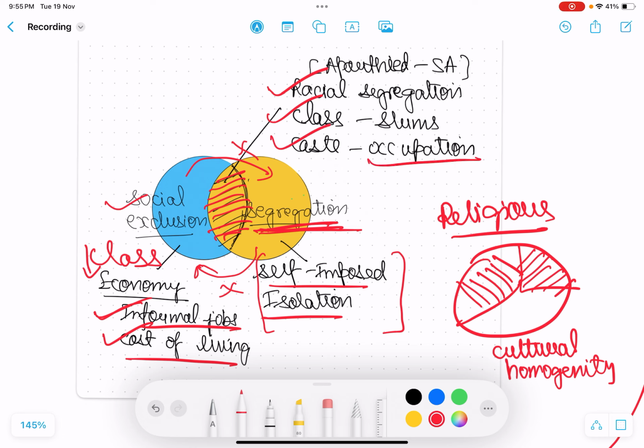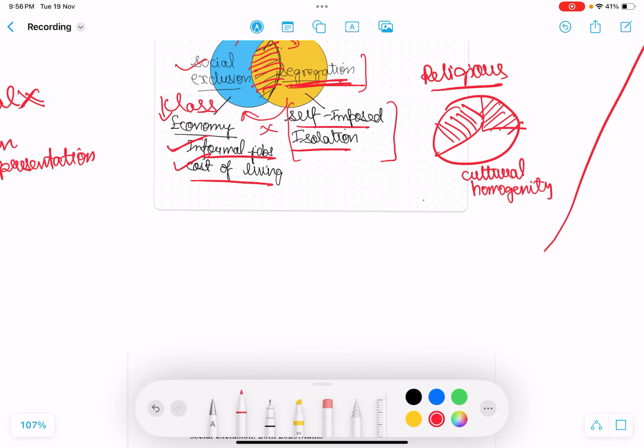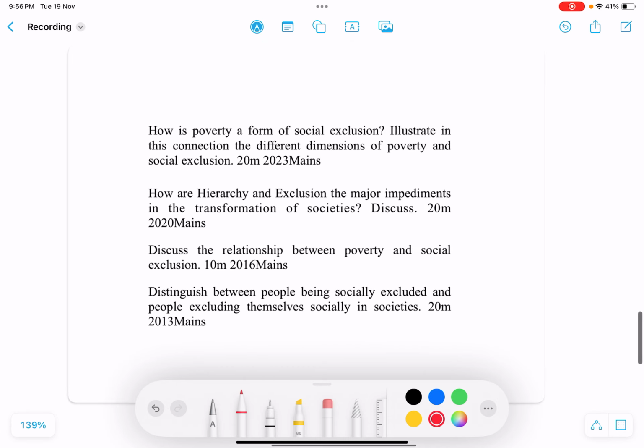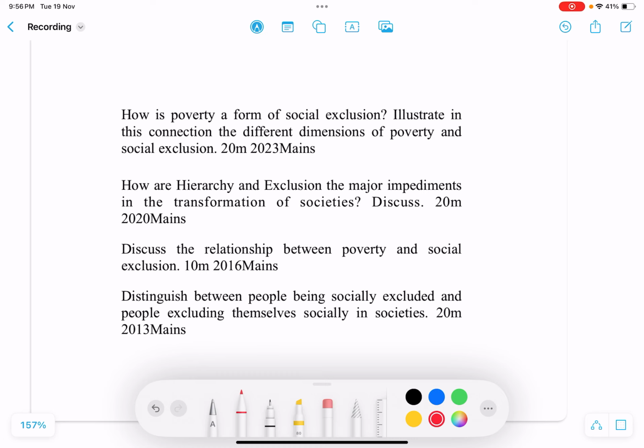So where there is segregation, and that is also a result of discrimination, because people have been discriminated against, and there is social exclusion. So what we've just established is this relationship between all these various different aspects of social exclusion and segregation and marginalization.